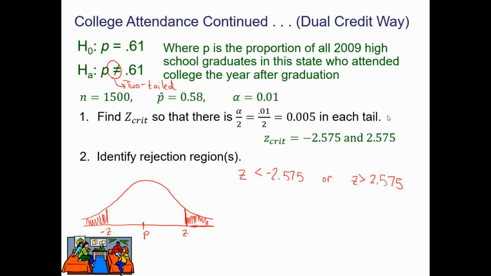You score points. If you don't make it in the end zone, you don't score. So if we make it into the region, we reject. If we don't make it into the region, then we fail to reject. We do not convert the fourth down.